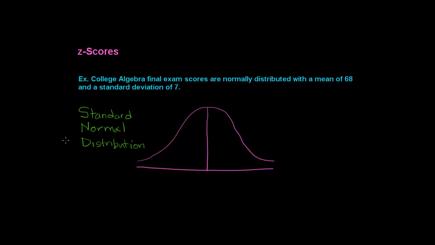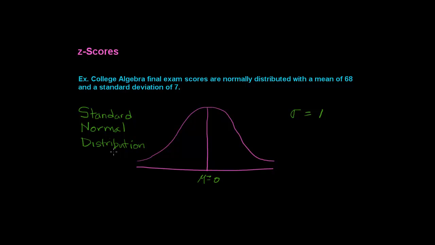But additionally, what we know about this is that the mean is equal to 0, and the standard deviation is equal to 1. So this is that standardized scale that we use for creating z-scores. We convert values such as a test score of 90 to a standardized value using the standard normal distribution.